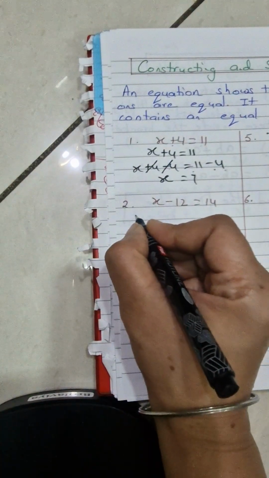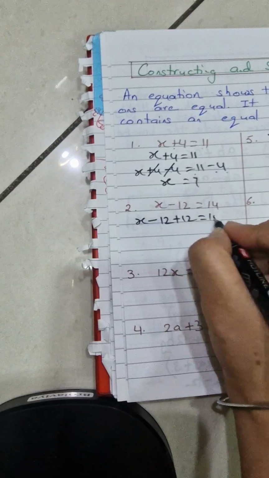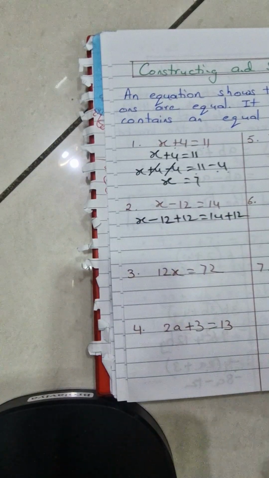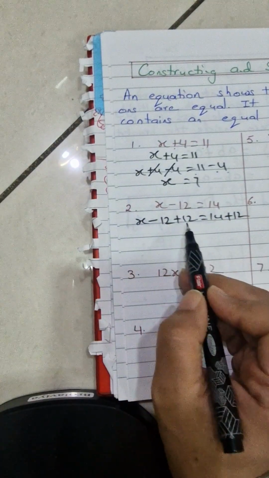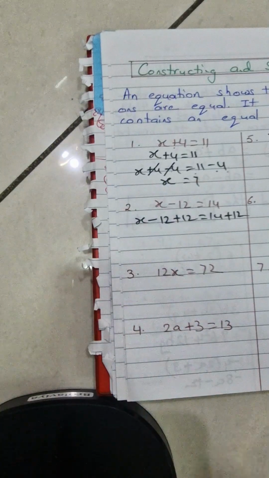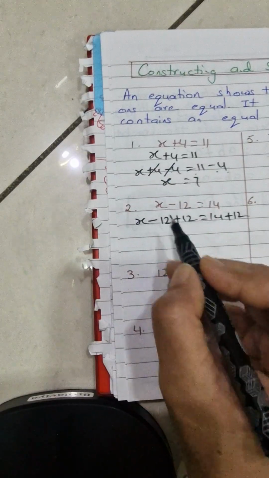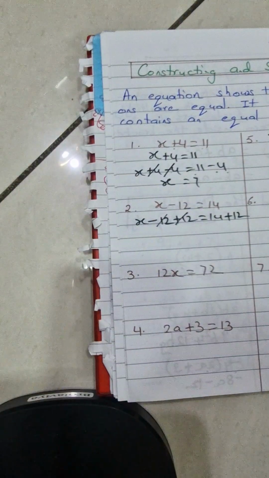So next is x minus 12 times... Now here we have a negative value, so you will add this number to both sides. Because here we have negative, you will do the opposite. Remember you have to do it on both sides, not only a single side. So we will do addition so that this becomes 0.